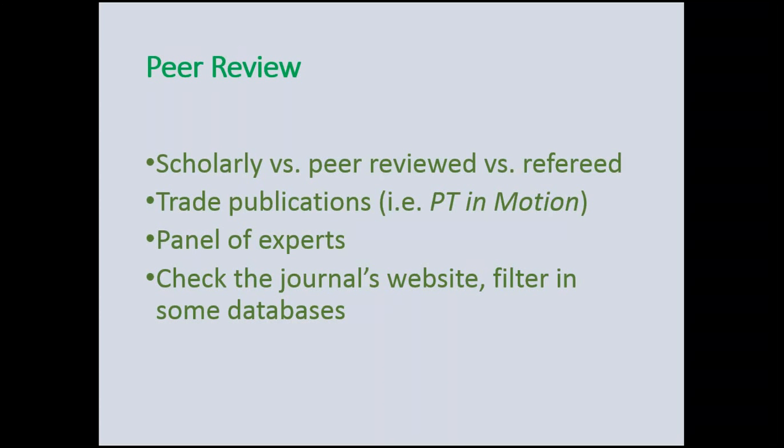The pages are usually glossy or glossier anyway, with a lot of visual elements, whereas a print copy of a scholarly journal is going to be more boring, I guess, with a lot more text. The pages are not going to be glossy, and it's not trying to be aesthetically pleasing. So those are some examples of the differences there.